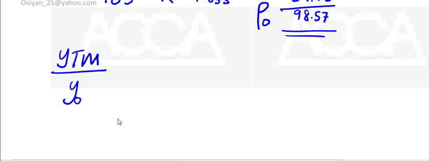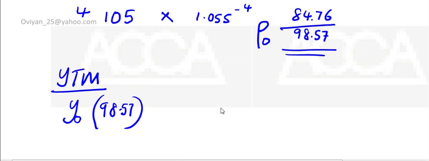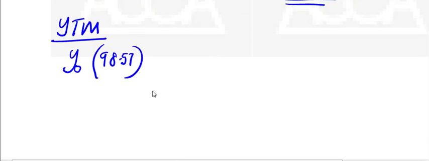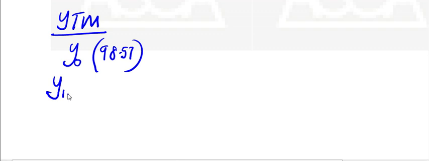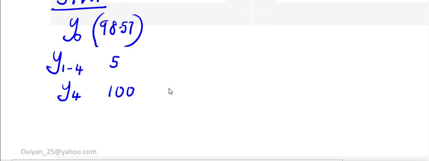I'm going to invest today 98.57, and in year 1 to year 4, the cash flows I'm going to get are simply $5, and in year 4 I'm going to get $100.